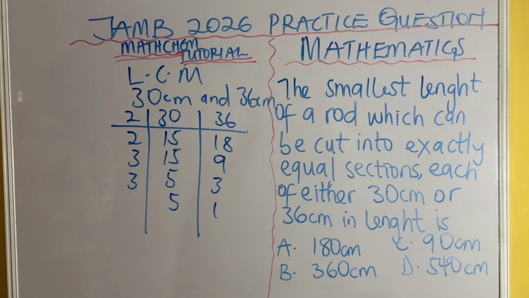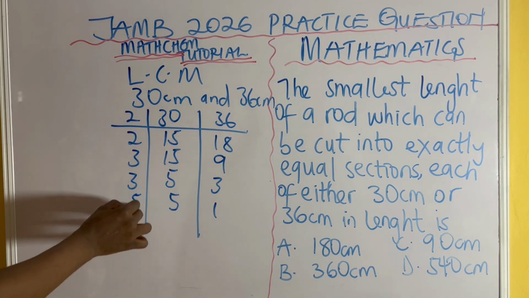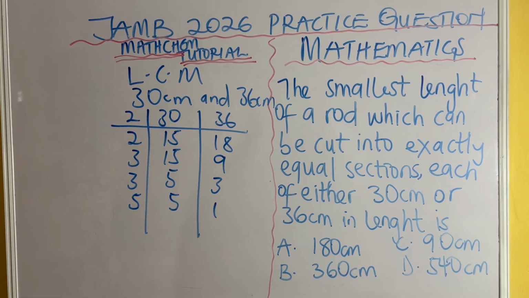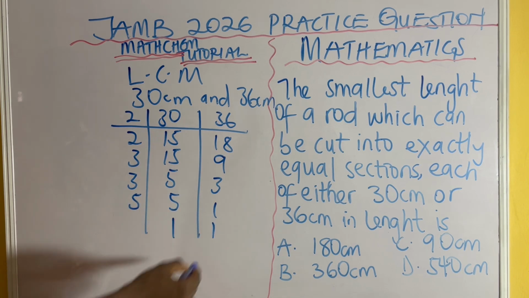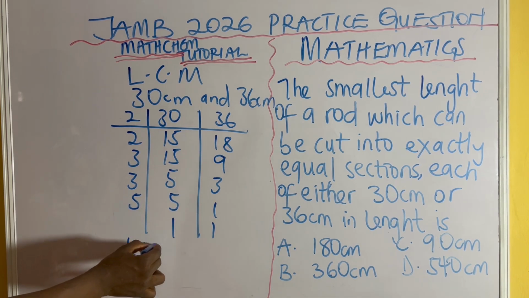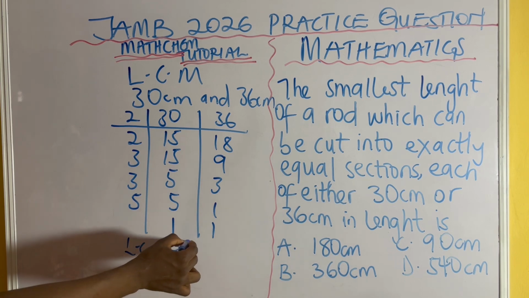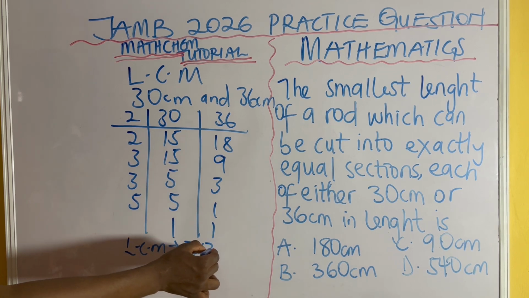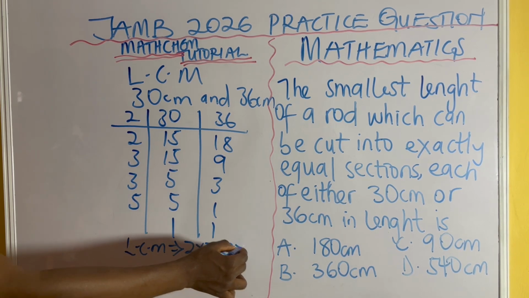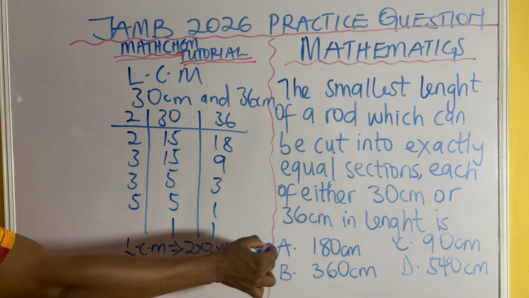What number do we use again? We are going to use 5 here. 5 divided by 5 is 1, and for this place, that is 1. Having done this, the LCM equals 2 multiplied by 2 multiplied by 3 multiplied by 3 multiplied by 5.